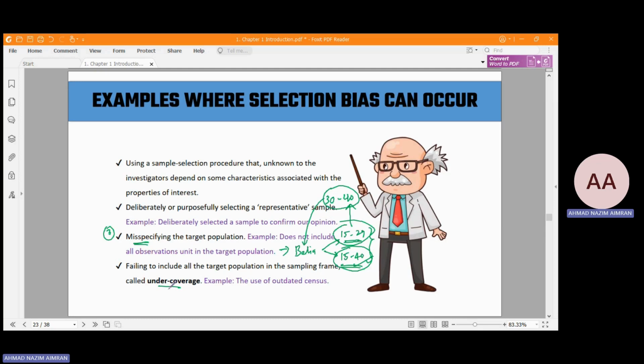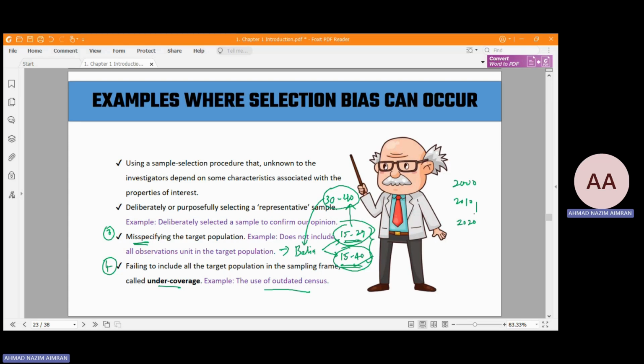And the difference between misspecifying the target population and undercoverage is that undercoverage is more like the use of an outdated census. For example, in Malaysia, we have a census in year 2000, 2010, and I believe the recent one is 2020.